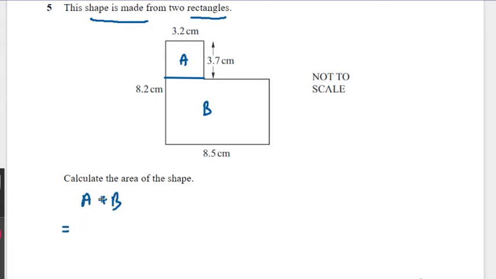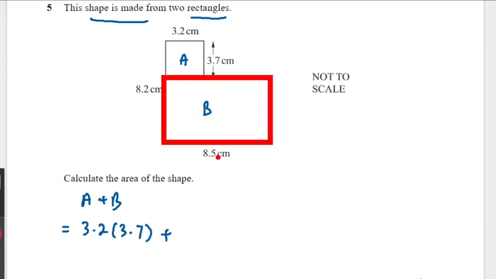A is length times width, which means 3.2 times 3.7. So I write here 3.2 times 3.7, and we add the area of B. For the area of B, the length here is 8.5, but what is the height? 8.2 is from here to here, right? And from here to here is 3.7.